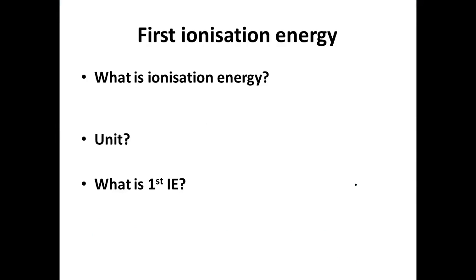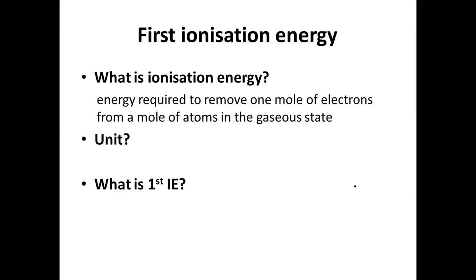Right, so quickly, what is ionization energy? What's the unit? And what does first ionization energy mean? If you remember, it's the energy required to remove 1 mole of electrons from a mole of atoms in the gaseous state. What do you think is going to be the unit? Energy is in joules, so the usual unit is kilojoules per mole. Why per mole? Because it says to remove 1 mole of electrons.